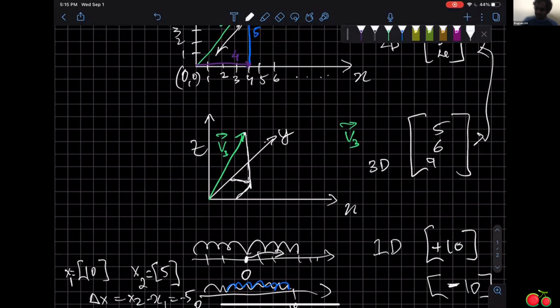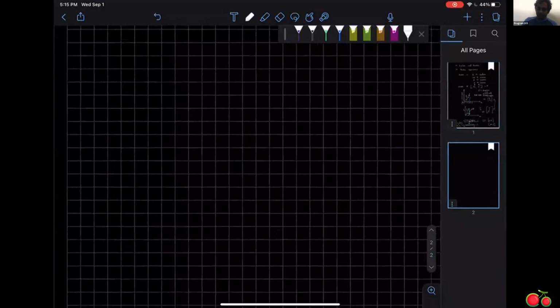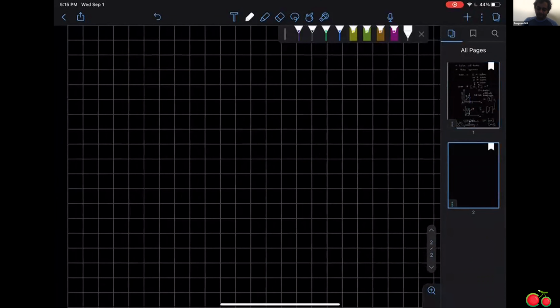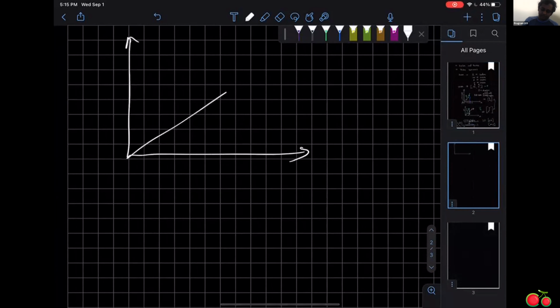The other thing I should probably cover is magnitude, right? So the magnitude of a vector. If this is your vector v, and this is my point x, y, and this is my point 0, 0, and this is my x, this is my y.